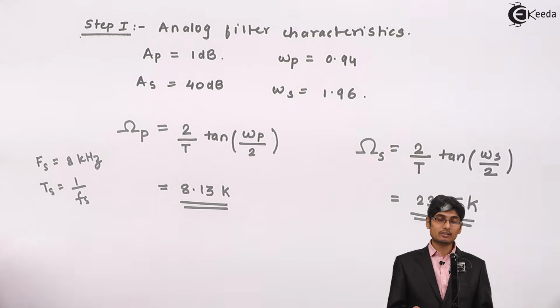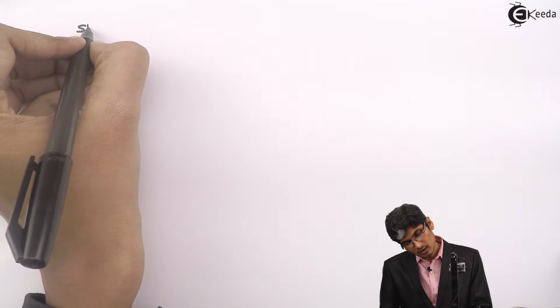You got all the characteristics of an analog filter. Now you have to find the order of the filter.